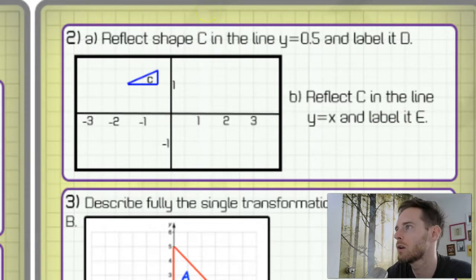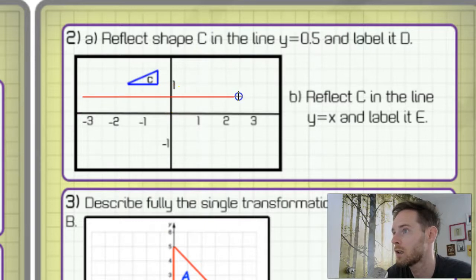All right, so I'm going to draw a line in here, which will be the mirror line. Okay, I need to reflect it in this mirror line. Now I'm going to do that with a red line. Now 0.5 on the y-axis lays here. Okay, so I need a horizontal line that goes through the point 0.5 on the y-axis. Then I'm going to do my reflection.